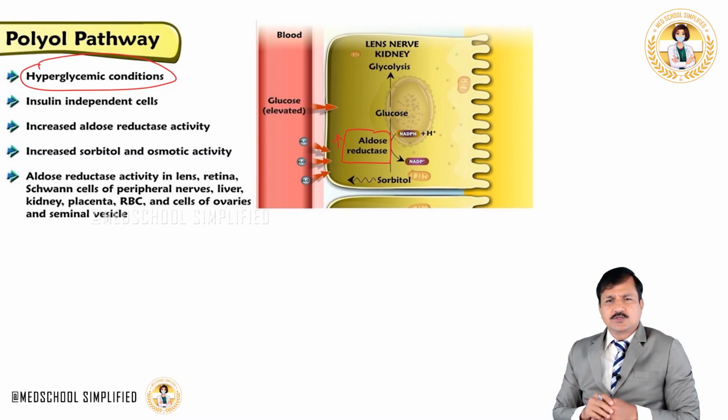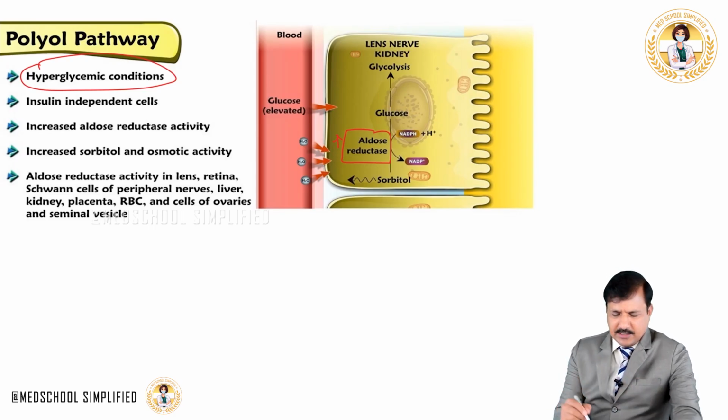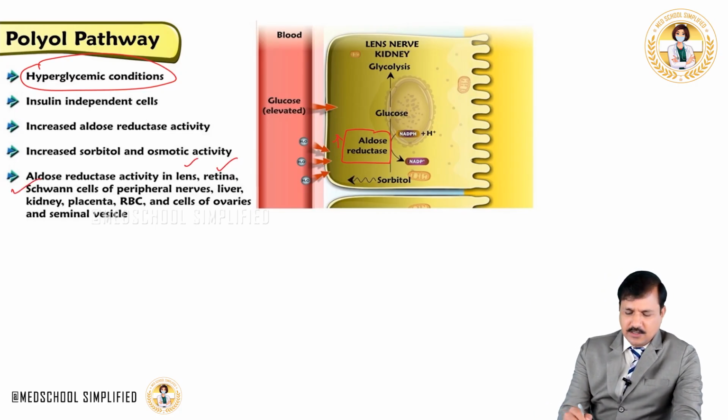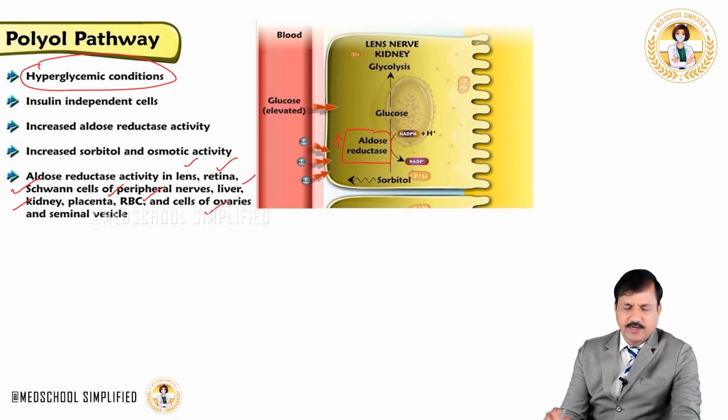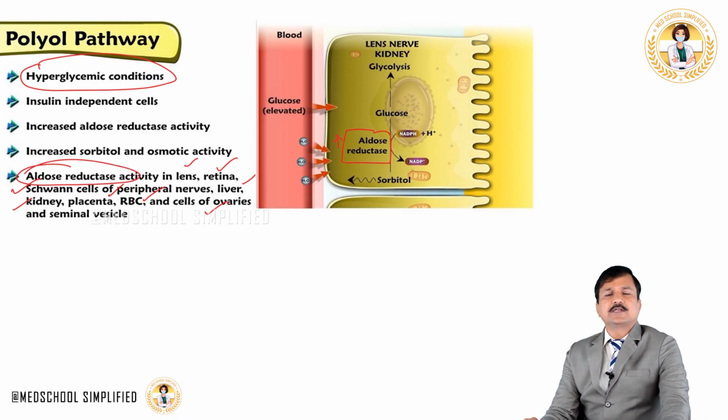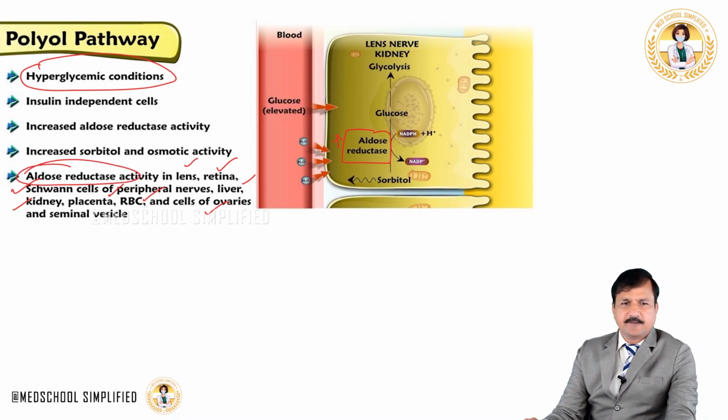Now, in which tissues is aldose reductase activity seen at a higher level? Tissues like the lens, retina, Schwann cells of peripheral nerves, liver, kidney, placenta, red blood cells, and cells of the ovaries and seminal vesicles all show increased activity of the aldose reductase enzyme. That means all these cells are able to convert more and more glucose into sorbitol, but only when glucose is available at high concentration.